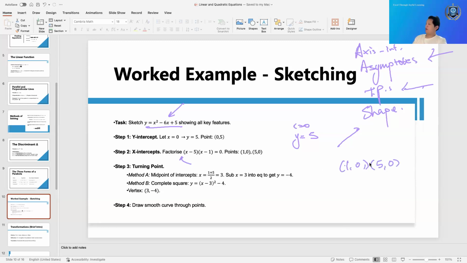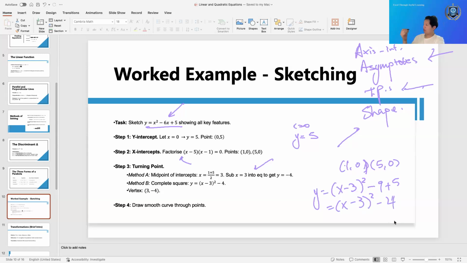Now, this is why the turning point form or completing the square is useful, because you can use it to find your turning point. For example, y equals x squared minus 6x plus 5. In this case, I use completing the square, and I get x minus 3 all squared minus 9 plus 5, so I just get minus 4.